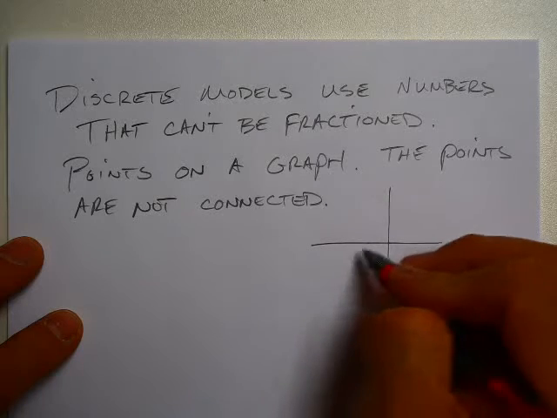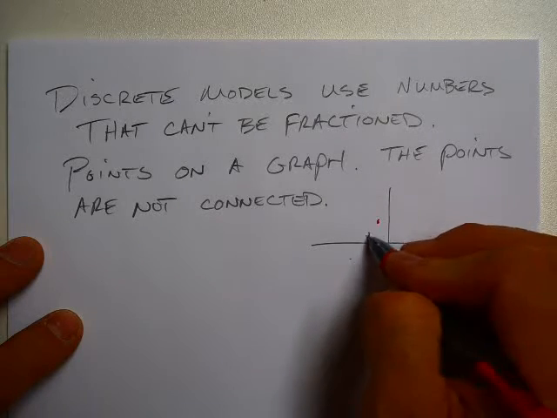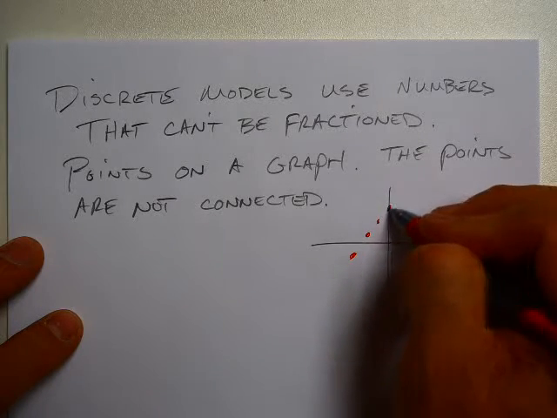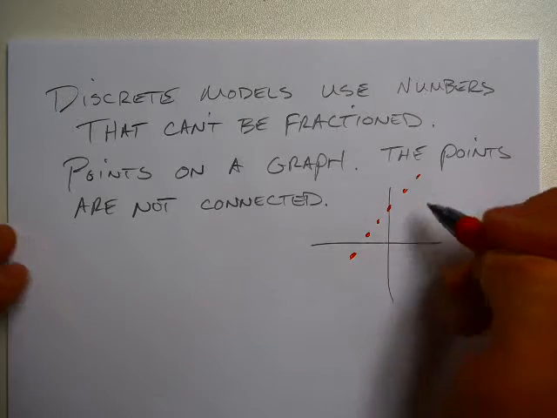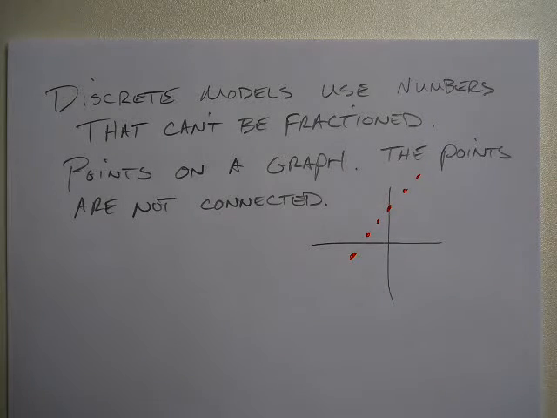A discrete situation could be something like, simply like this. Points on a graph that can't be connected. They may very well have some relationship, but the context makes it so that you don't really talk about parts.